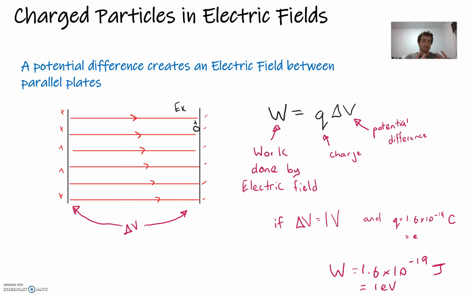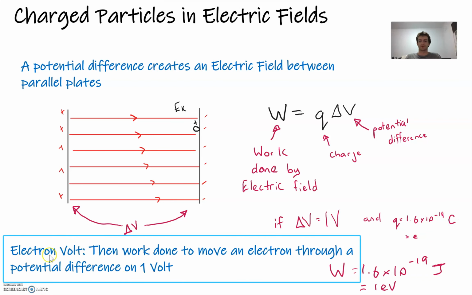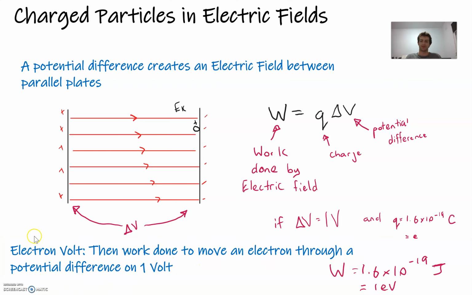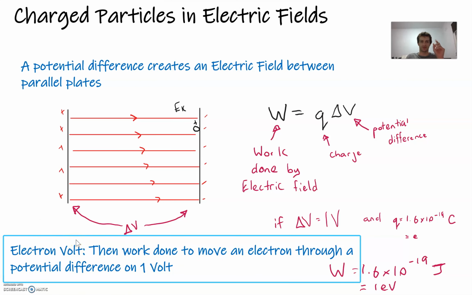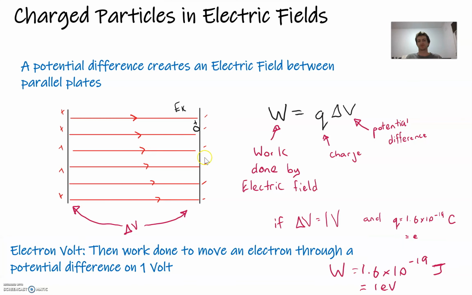It's just another unit of energy that's used for much smaller things, and we define it using 1 volt and the electron. So the electron volt is a unit of energy. It's the work done to move an electron through a potential difference of 1 volt. Think about electron volt, one electron moving through 1 volt. It's the amount of energy needed to do that, to move an electron from here to there, or there to here.